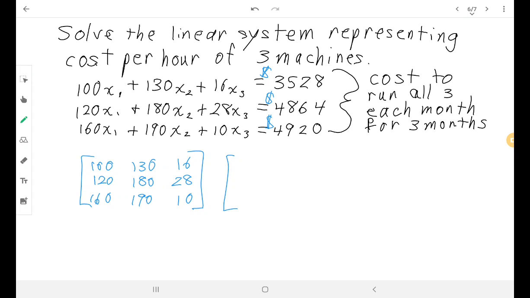And your matrix B, 3528, 4864, 4920. And then you can do A inverse times B, or you can make your AX1, AX2, and AX3 matrices and use Cramer's rule. So if they give you the system, this is even more straightforward.